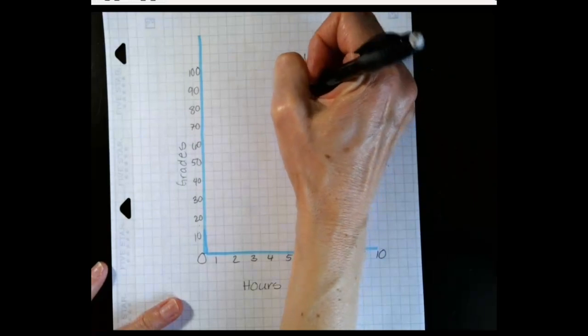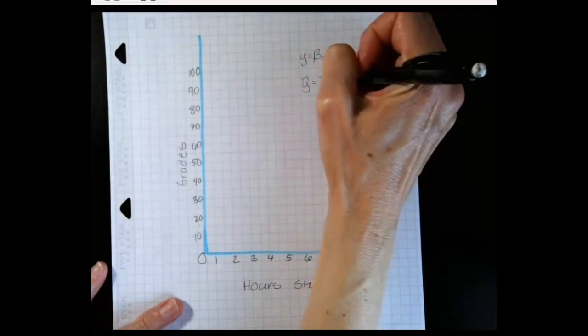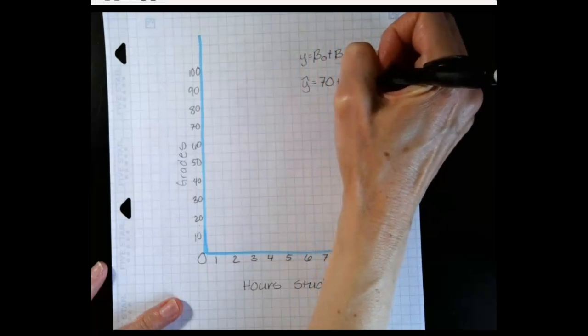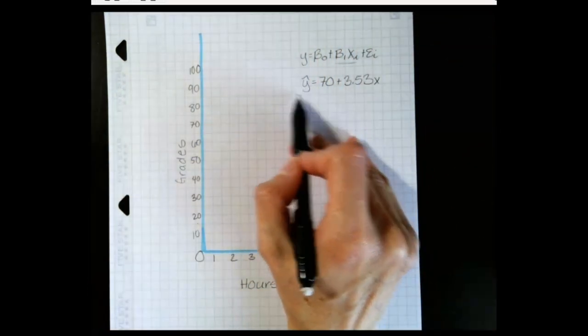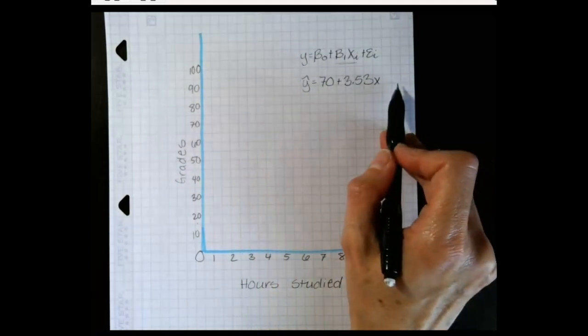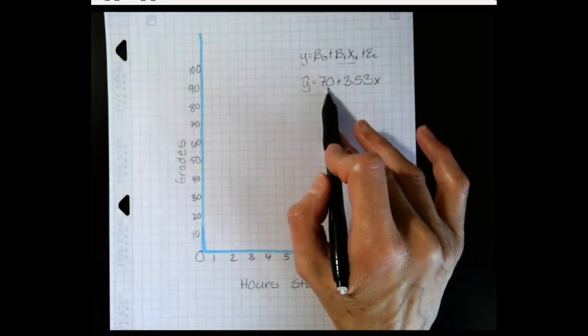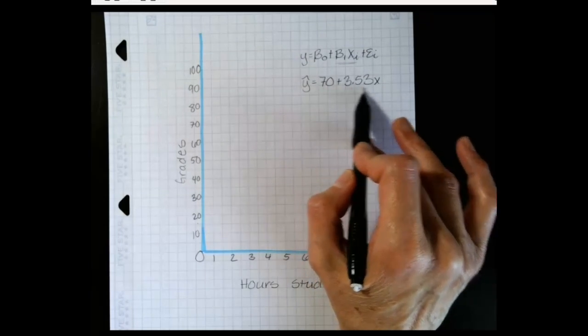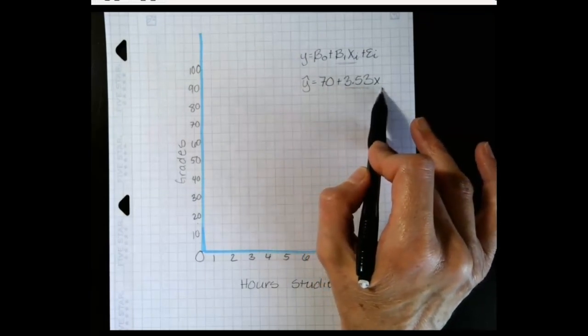So I'm going to put up some made up numbers, and then we will take a look at what we have going on here. For my equation, I have the y hat, and remember that I can drop the error term, and in place of my intercept, I put a 70, and then I have my coefficient here as 3.53, and the x is representing our independent variable.